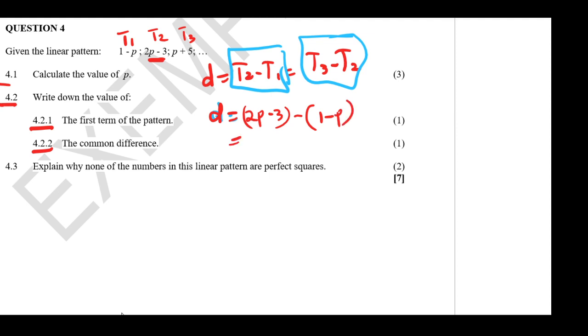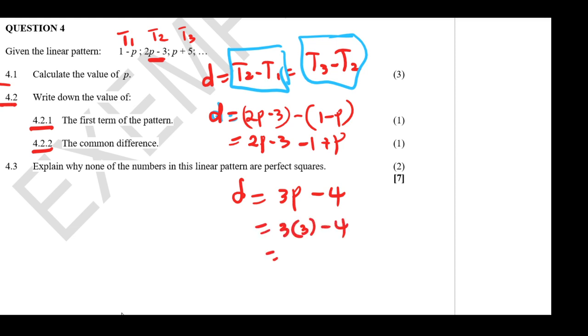So it's 2p minus 3 minus 1 plus p. d is equal to 3p minus 4. But what is p? It's 3. So it's 3 times 3 minus 4. 3 times 3 is 9, 9 minus 4 is 5. So d is equal to 5. I hope you guys got the same thing. d is equal to 5.